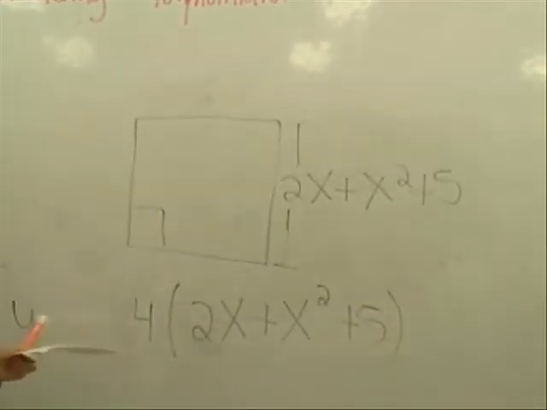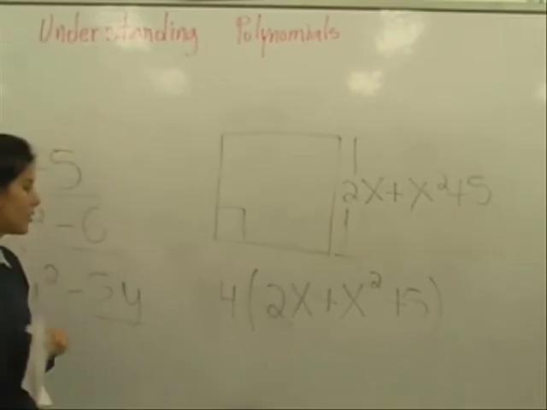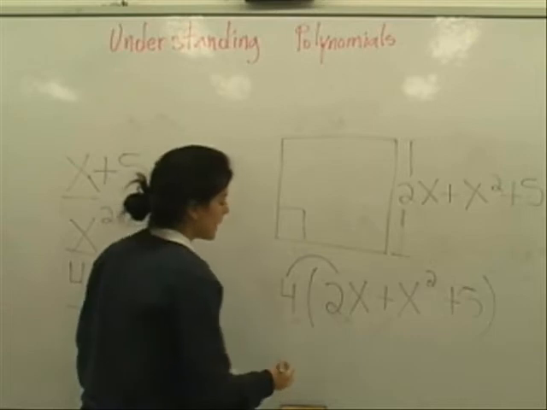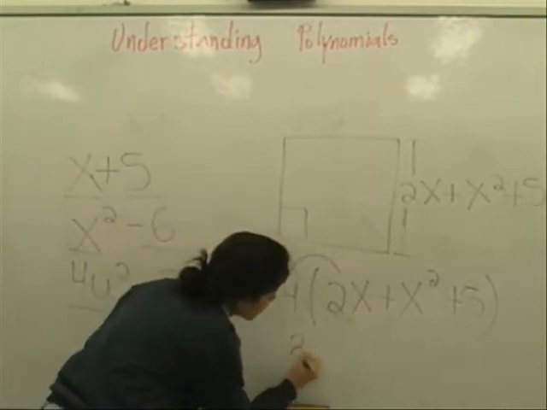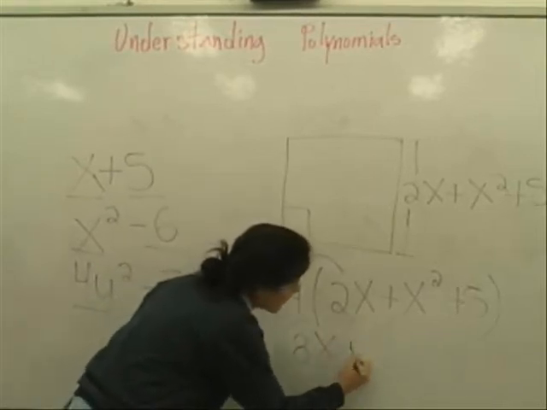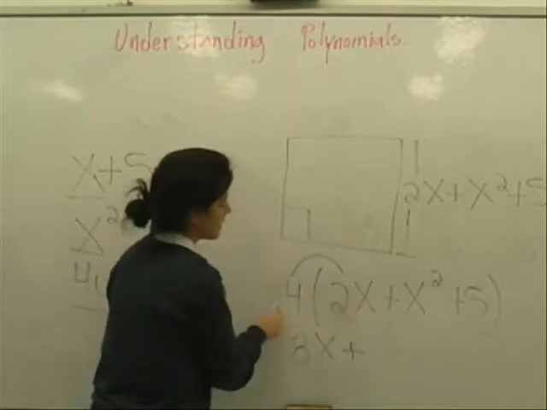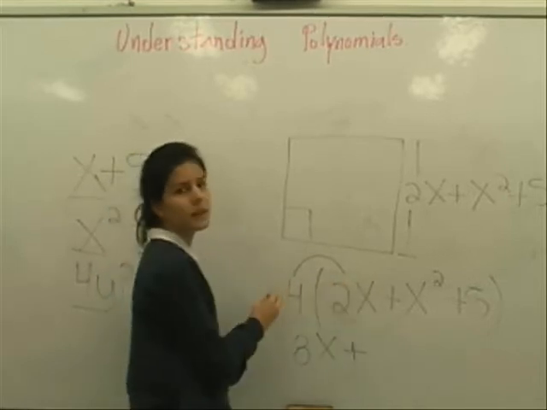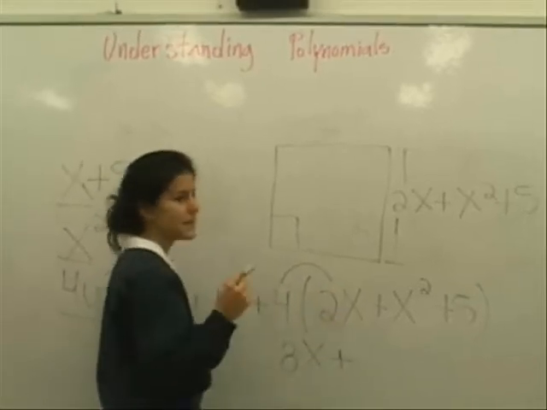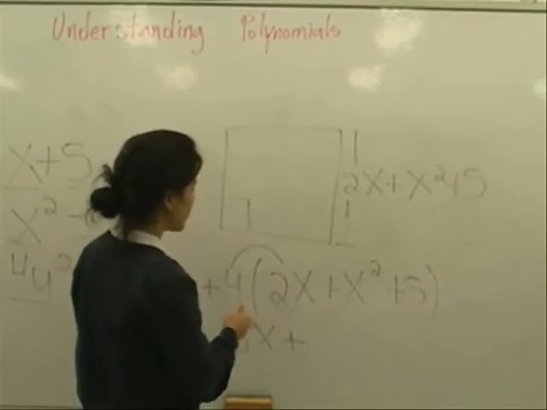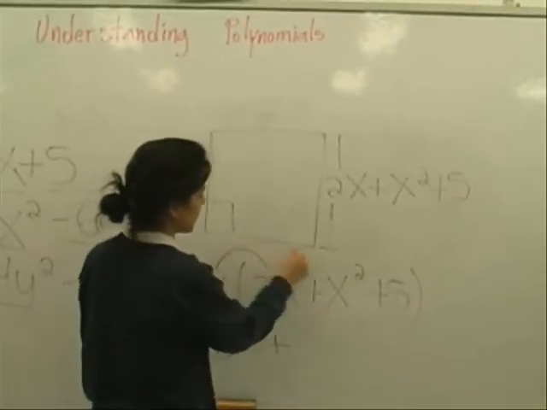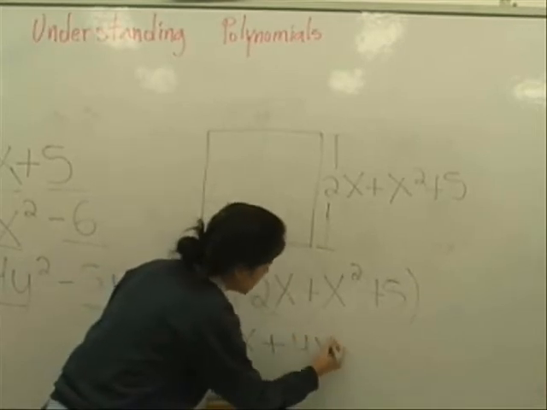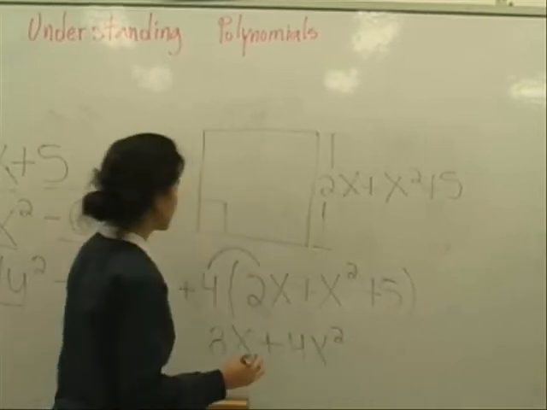And here we apply the distributive law. So 4 times 2x is 8x plus, we put the same sign because here there is also a plus, and plus by plus is plus. So 4 times x to the power of 2 is 4x to the power of 2.